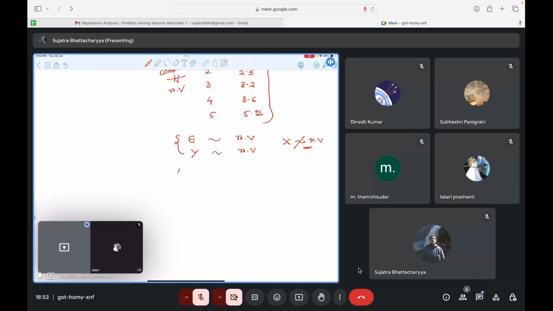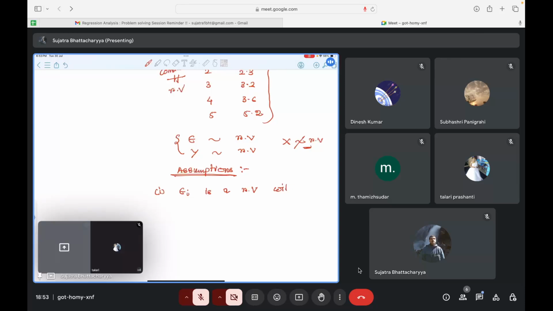Now, there are some assumptions. Let us write those assumptions because they will be helpful. So, what are those assumptions? The first one is that epsilon i is a random variable, which I have already told you.